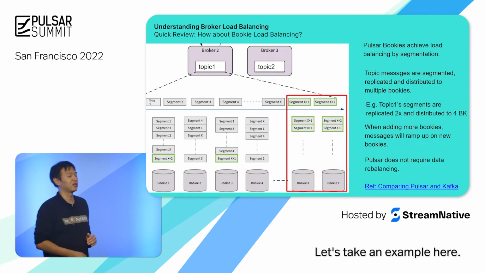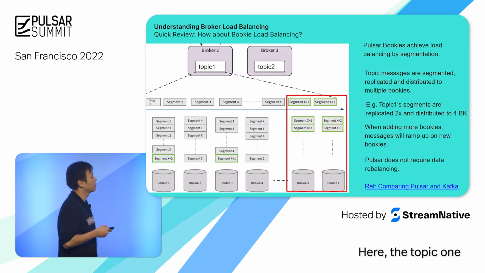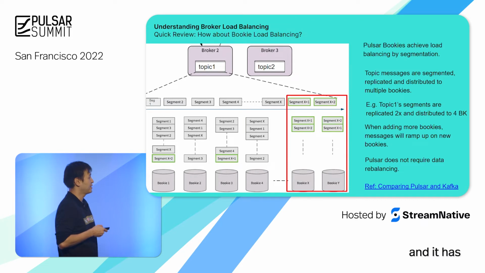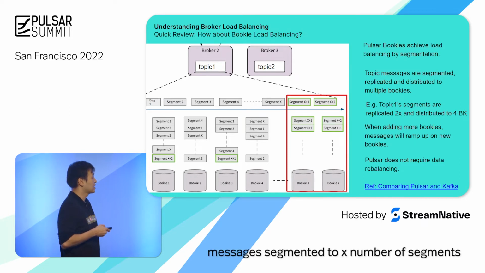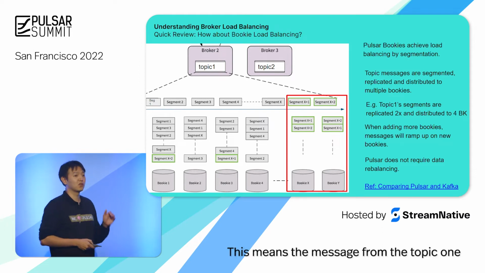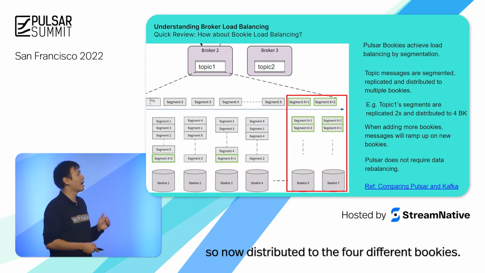Let's take an example here. Topic 1 is currently served by broker 2. It has messages segmented into X number of segments, replicated twice, and then distributed to 4 different bookies. This means the message load from topic 1 is now distributed to the 4 different bookies.